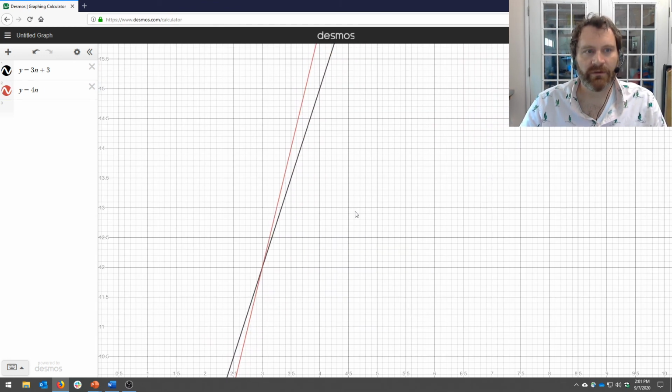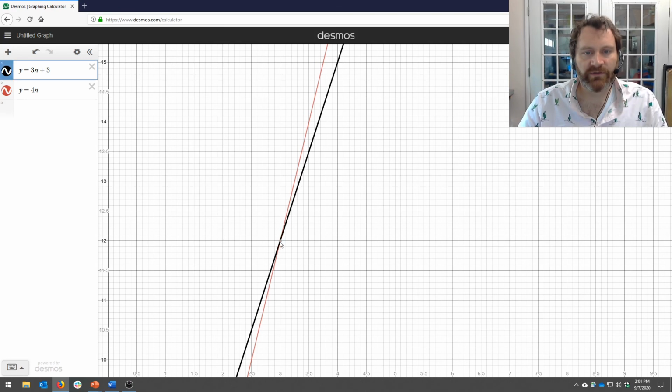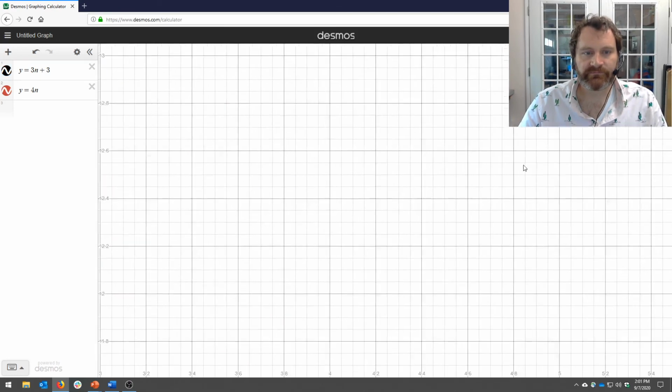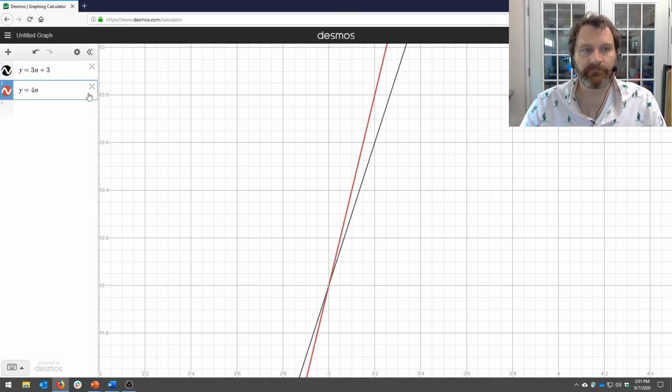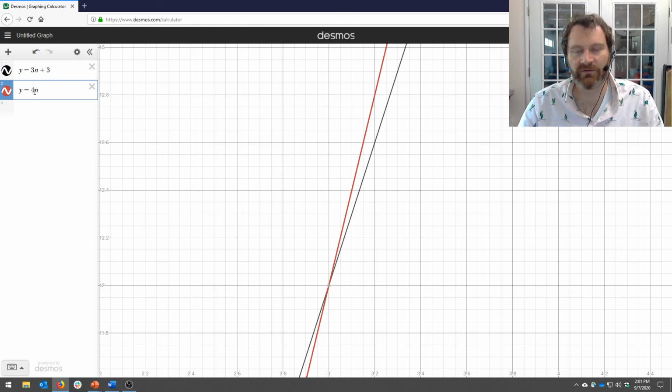At this point, which is 3, 12, this is our n0 from our big O equation, because from here on our big O line, c times n, where c is 4, will always be above the black line.